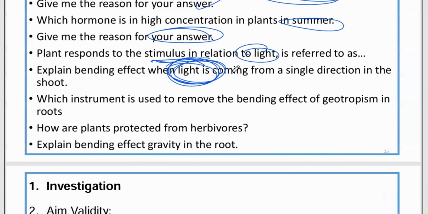That's why here they're asking which instrument is used to remove the bending effect of auxin. So it's called a clinostat.